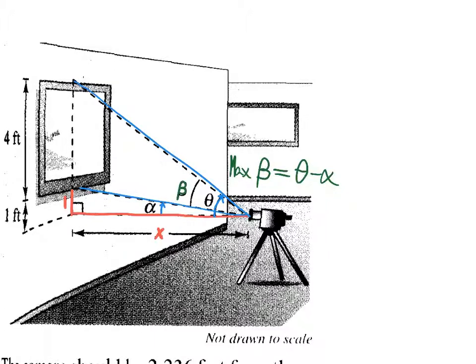So let's think about how we would start coming up with some kind of a function. Because really, if we're trying to maximize beta, remember our optimization problems that we've done in the past, you need to write a function with beta of x, maybe?